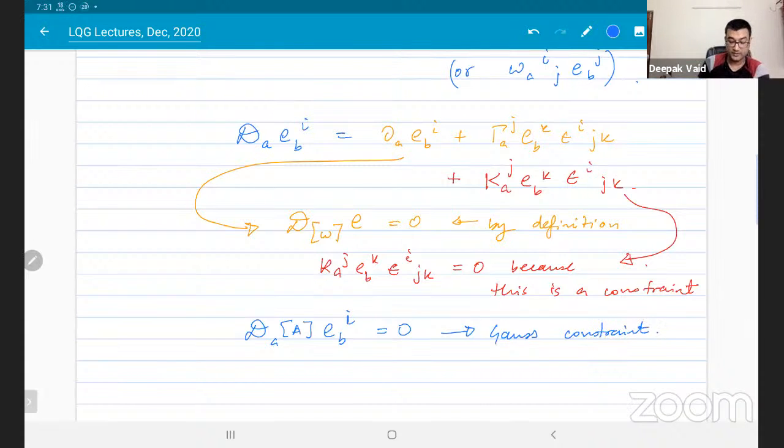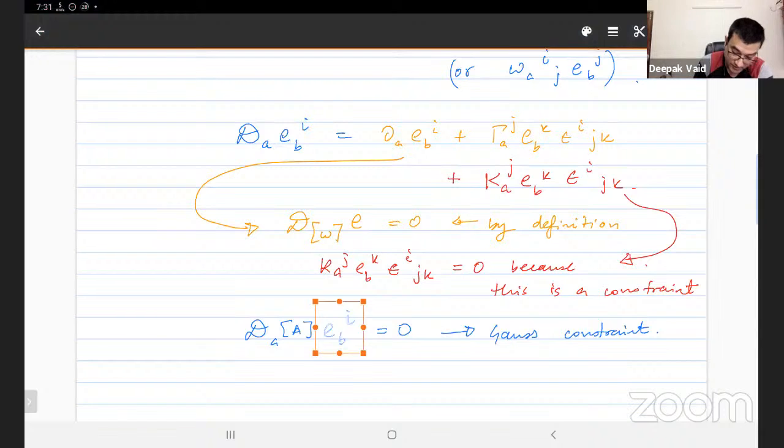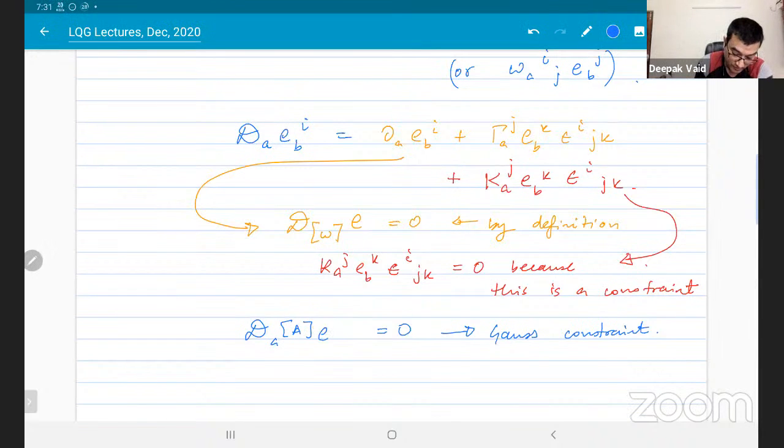Okay, this is the statement that your... sorry, I should be a little bit more careful. You have to write it in terms of the densitized co-triad, and there's a contraction, right? That's why it's called the Gauss constraint. If you don't have this contraction, it's not called a Gauss. So my apologies for that.